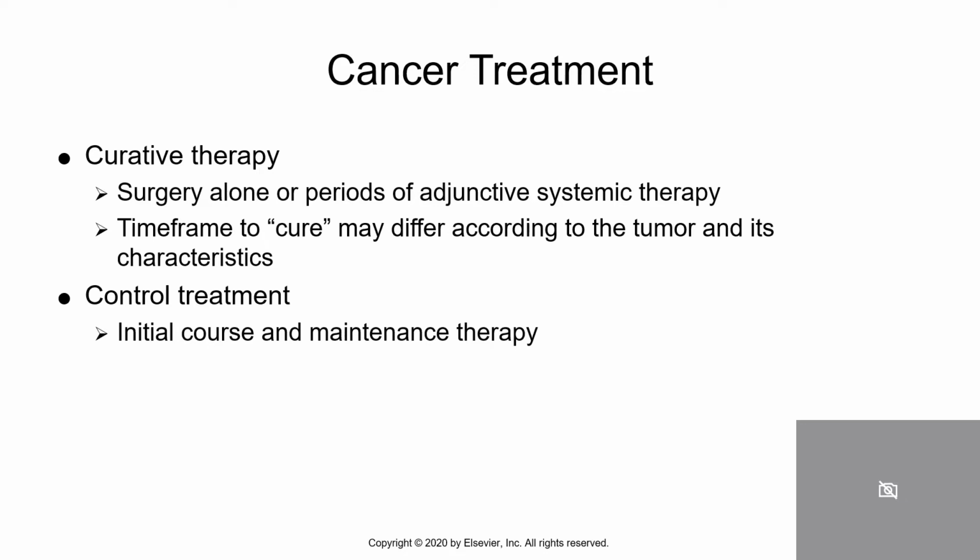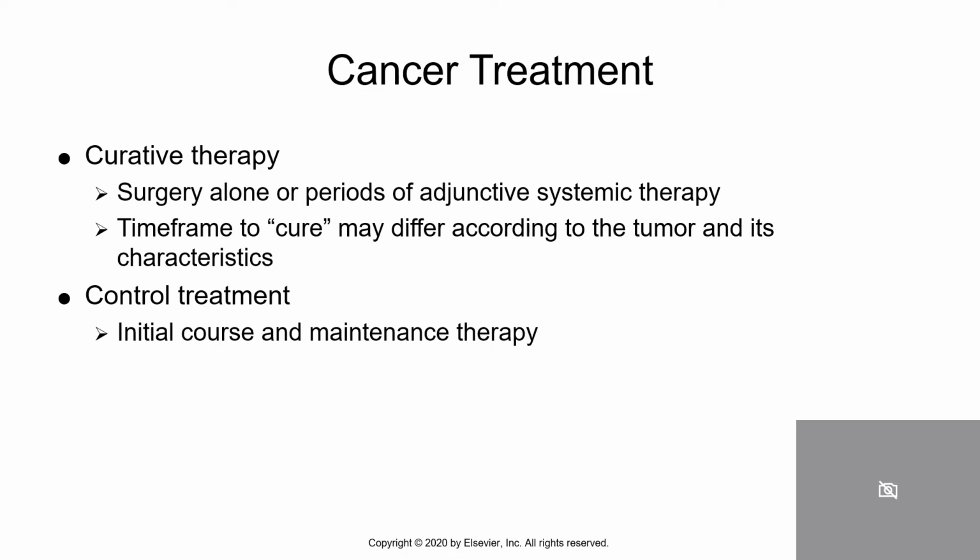Examples of curative therapy are basal cell carcinoma of the skin. You can surgically remove that lesion, and then they can have several weeks of radiation. Another example would be testicular cancer, which can be cured with a combination of surgery, chemo, and radiation. And depending on what type of tumor and cancer that the patient has will determine the time frame needed for the patient to be considered cured.